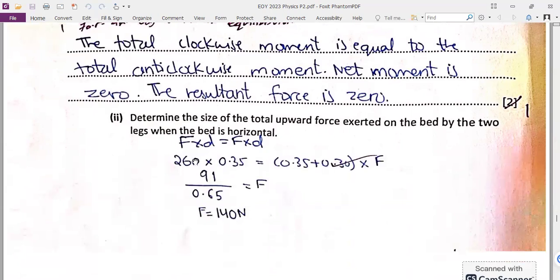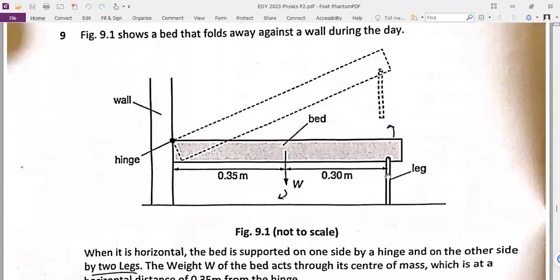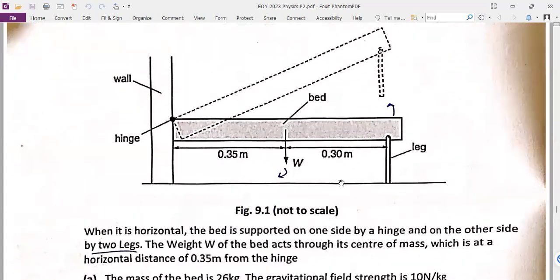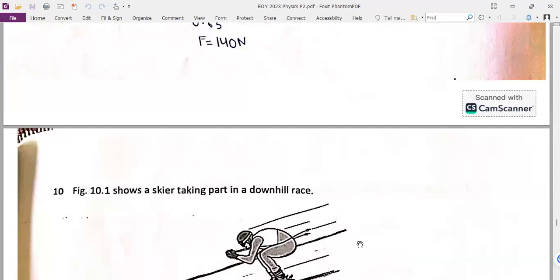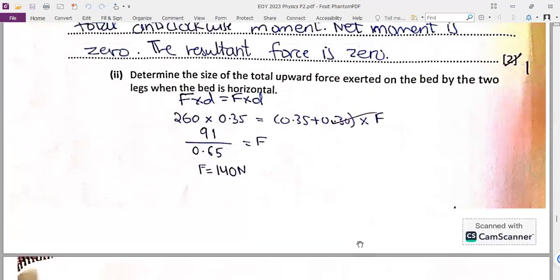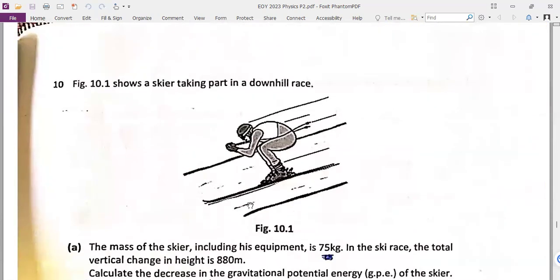Use this to calculate the force. Which force? This force here. And this is the weight. So weight times 0.35 gives you force times 0.35 plus 0.3, 0.65. So these are used here. 0.35 and then 0.3 plus 0.3, divide this, get 140 ounces.